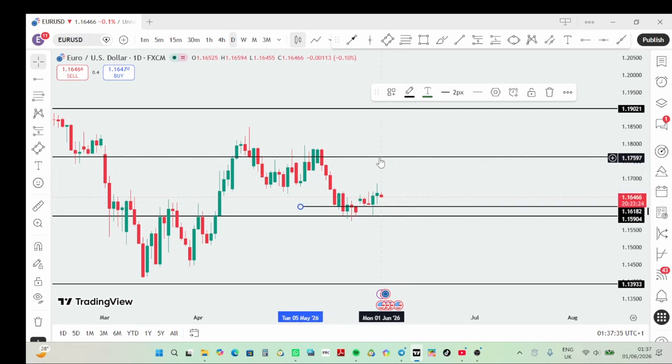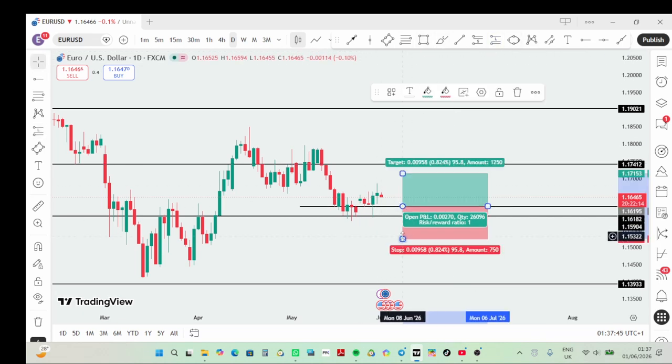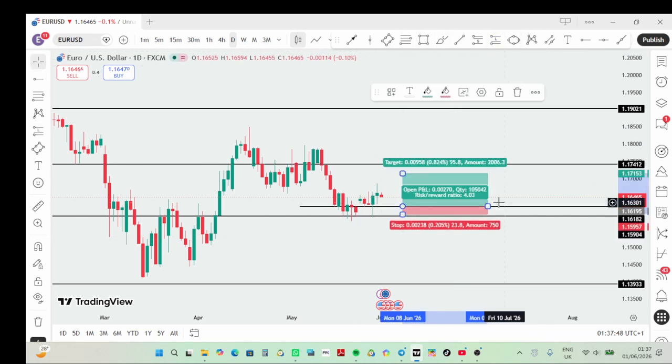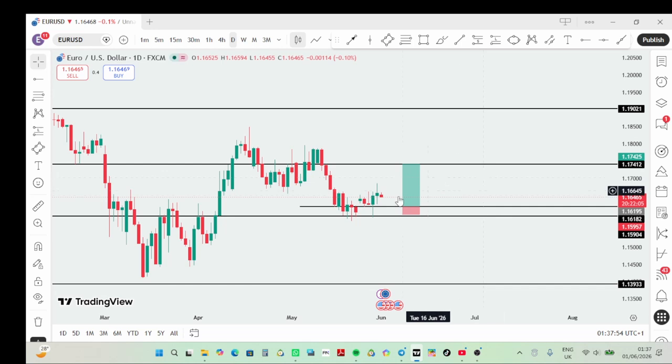I will prefer to come out somewhere here, to be on the safe side so that the market will not just reverse from there. That's just like 1 to 3 pips to the upside.